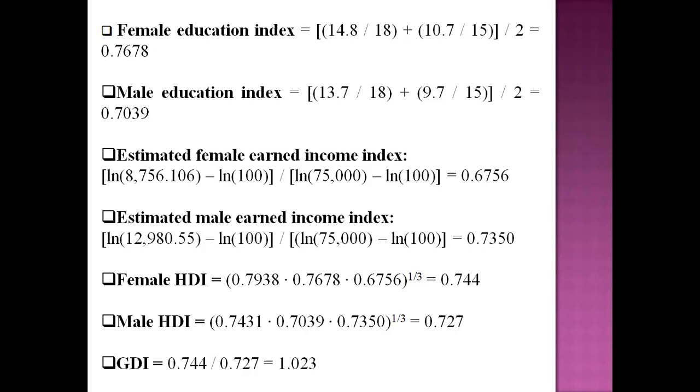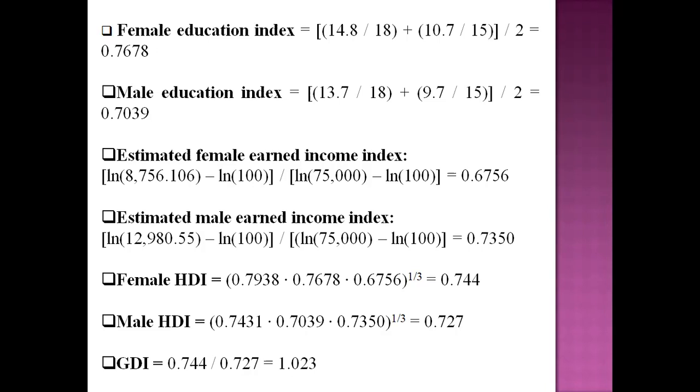So the achievement in HDI of female is greater than the achievement in HDI of male. Here there is just a slight difference, not much. The female is slightly higher than the male.